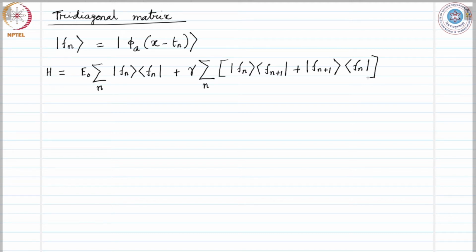This would be the expression of the Hamiltonian operator in terms of this Fn basis, which are localized orbital basis.